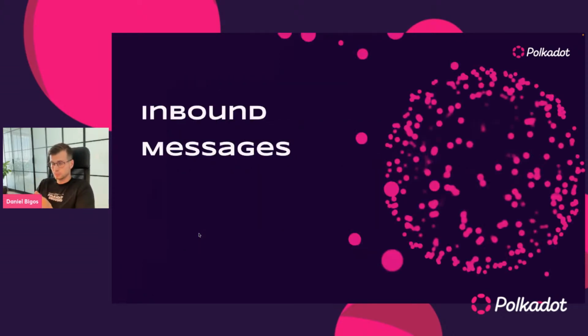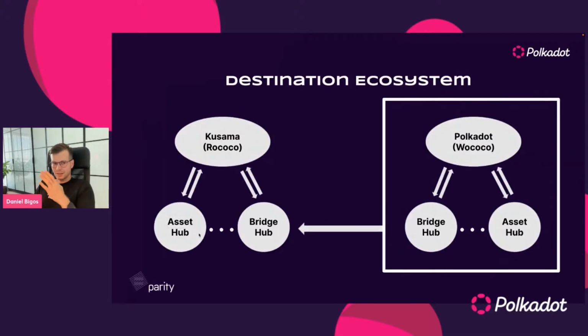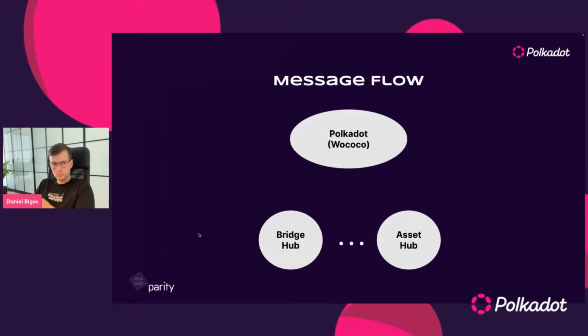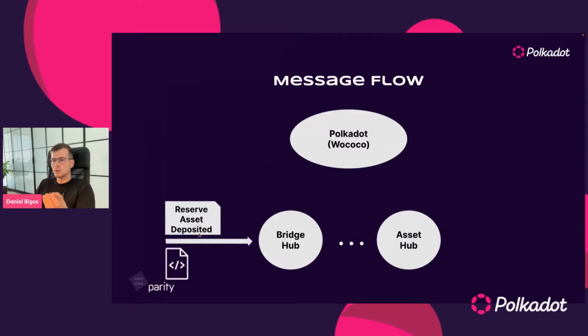Now let's talk about how inbound messages get processed on the destination chain. In that case, we will talk about Rococo mirror in Kusama, and the destination chain will be the Rococo asset hub. So what's going on with the relayed message? Our relayer relays the message at first to the bridge hub.